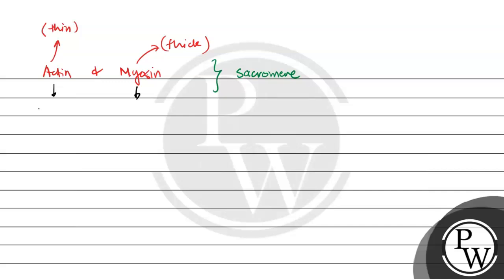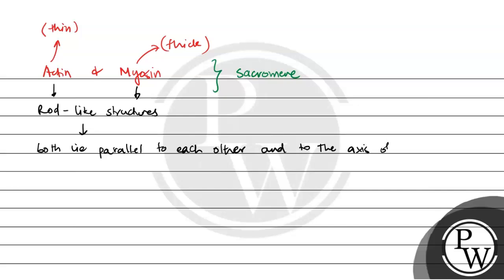Both actin and myosin are rod-like structures, and they both lie parallel to each other. They also lie parallel to the axis of the myofibril.